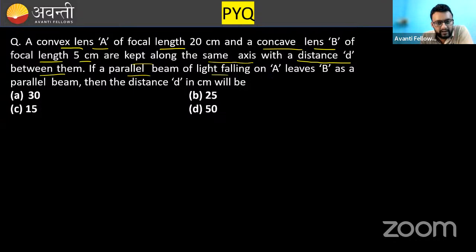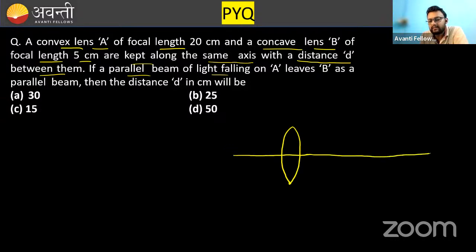If a parallel beam of light falling, okay, let's draw it first. I'm drawing it. There is a convex lens, something like that. And on the same axis, there is a concave lens. And the separation between them is D. That's given.